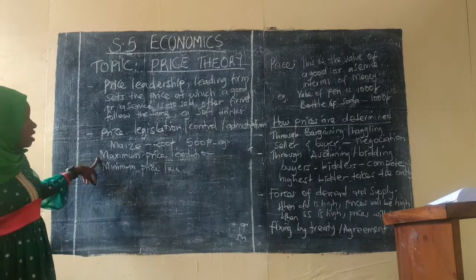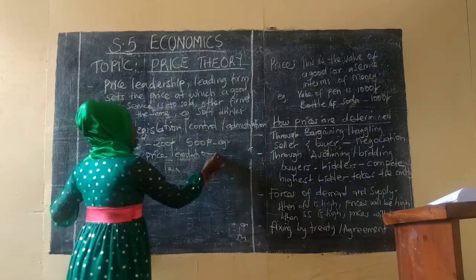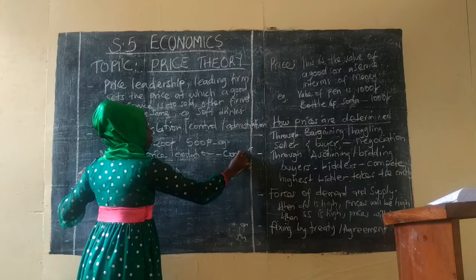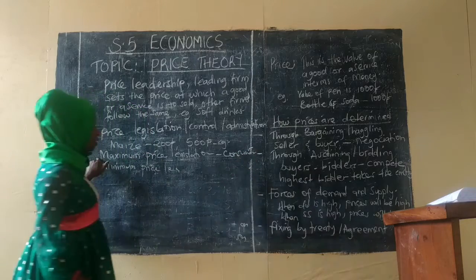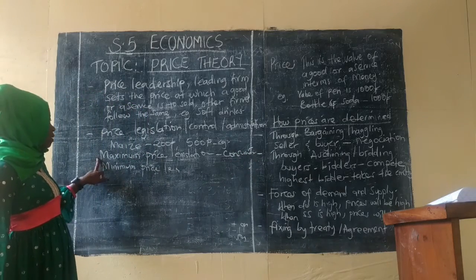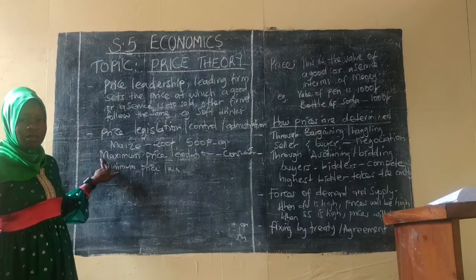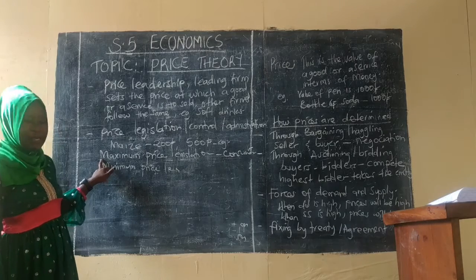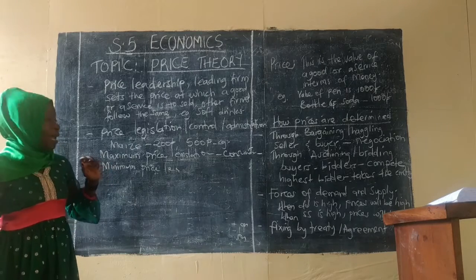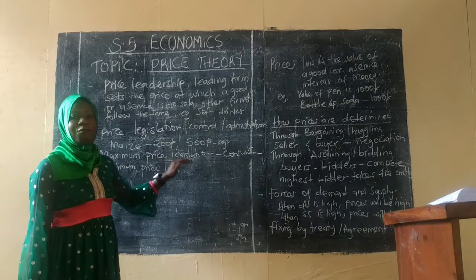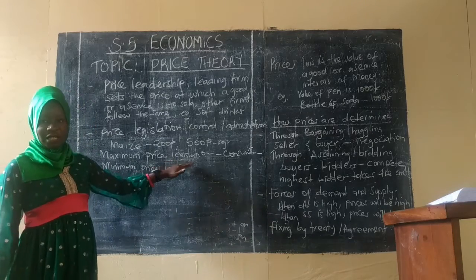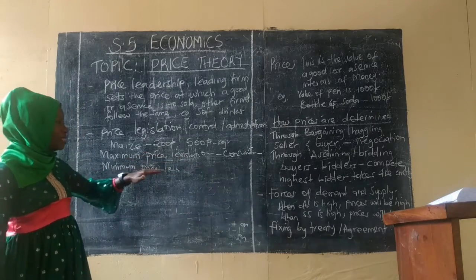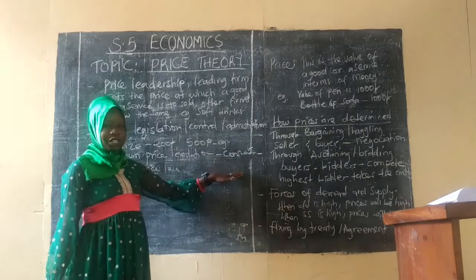Maximum is, by the way, intended to protect the consumers. For example, if it is a matchbox, government can put a price control and say you're not supposed to sell a matchbox above 100 shillings, meaning that they are protecting the consumers from exploitation.